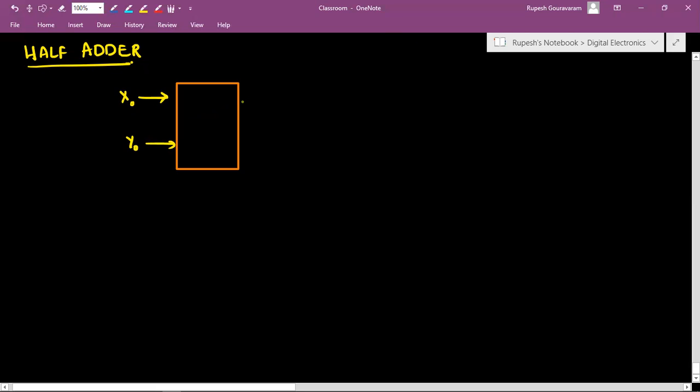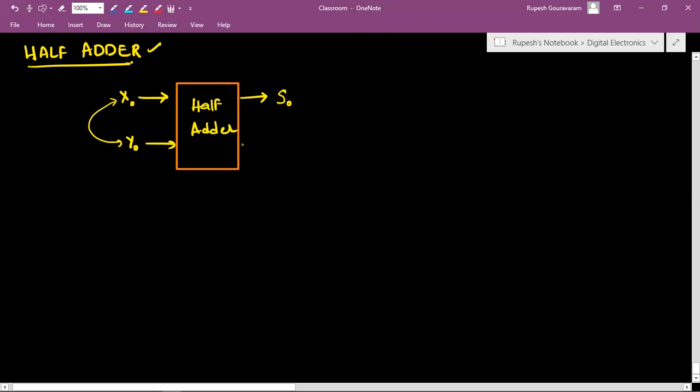Sorry, we are seeing a half adder, right? So this is not a multiplexer, this is a half adder. For a half adder, we add one bit with another bit. So half adder has two inputs, x0 and y0, and it will have two outputs.